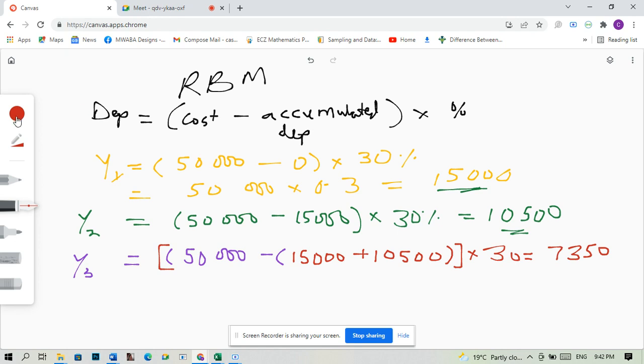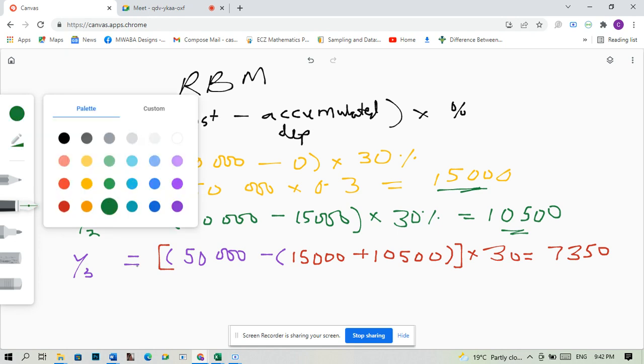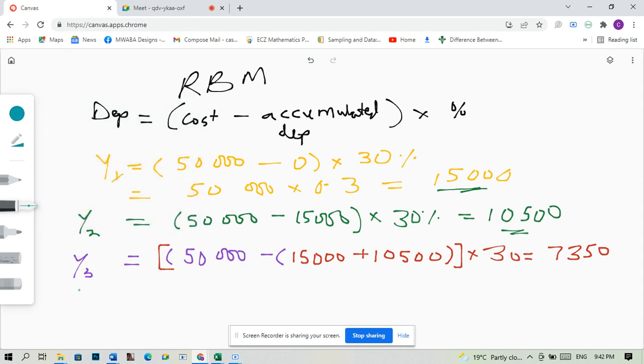Then we're going to go to year 4. We're going to say 50,000 minus 15,000 plus 10,500 plus 7,350 times 30%.